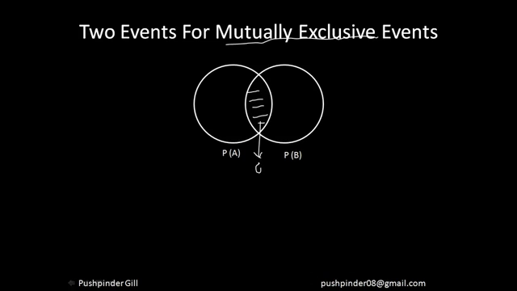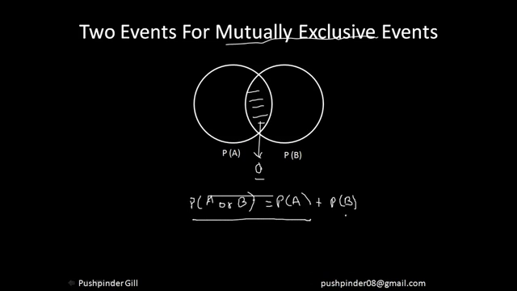So I can say that the probability of either of two mutually exclusive events happening is equal to just the sum of the probability of A happening and the probability of B happening, because the probability of both the events happening is 0. So whenever I get a question wherein two events are mutually exclusive, I assume that the probability of both the events happening is 0, and I can straight away use this formula. So I hope everyone understood this.